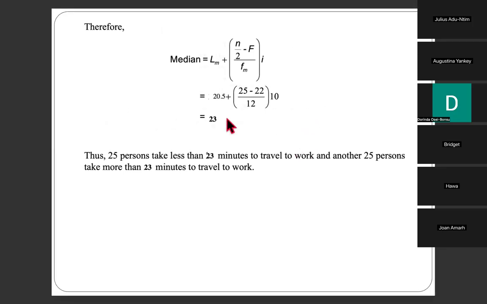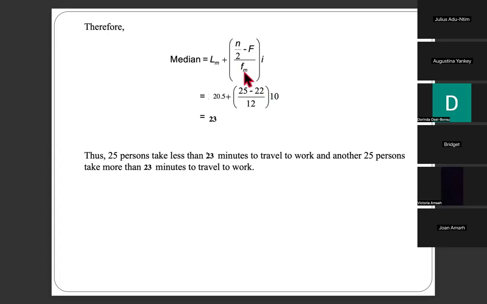So you can see that this is our lower class boundary, which is 20.5, plus the total observation, which is 50 divided by 2, which is 25. Then this one is the cumulative frequency before the median class, which is 22.